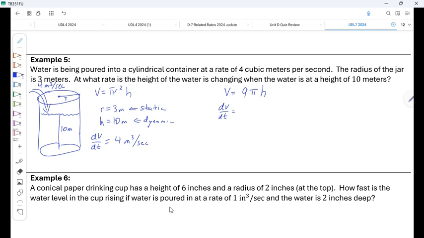I want to differentiate the formula that I have there. 9 pi dh dt, you got it. 9 pi dh dt. Does the rate of change of the volume depend on the height? No, not in this.